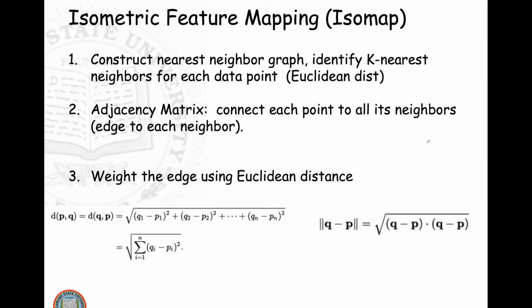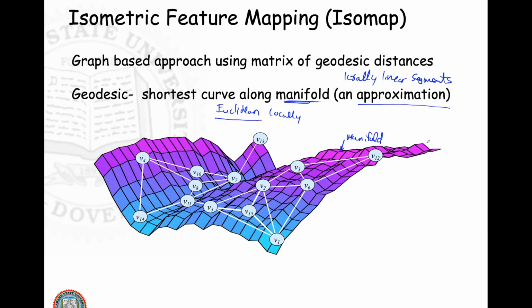And so, in essence, when you think about two vertices that are not directly connected using that locally linear assumption, let's say vertex V4, it will still have an edge to vertex V15, but it's going to take the edge between V4 and V8 and add that edge weight to the edge of V8 and V11, add that to the weight of V11 to V5, and then lastly V5 to V15.